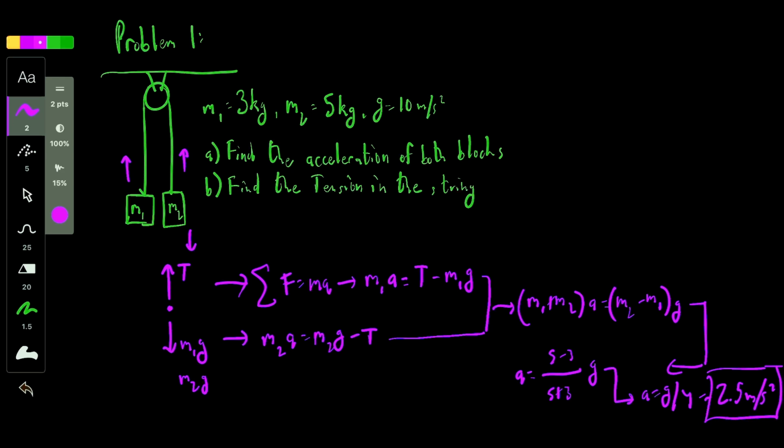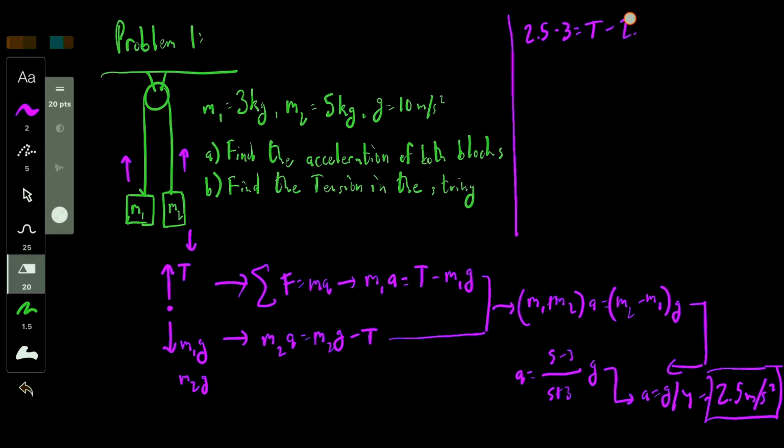Now, what we wanted to figure out is what our tension was. So let's use one of these equations. Let's use the first one. So m1 times the acceleration, 2.5 times our mass, which is 3, is equal to tension minus m1, which is 3, times gravitational acceleration, which is 10.